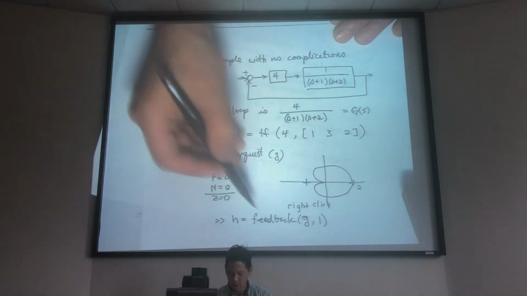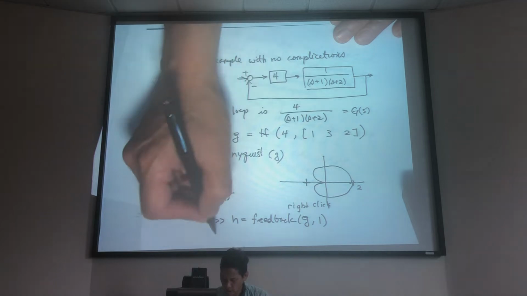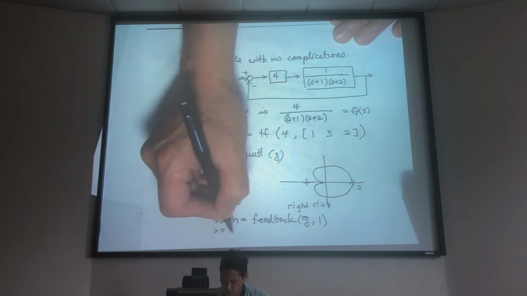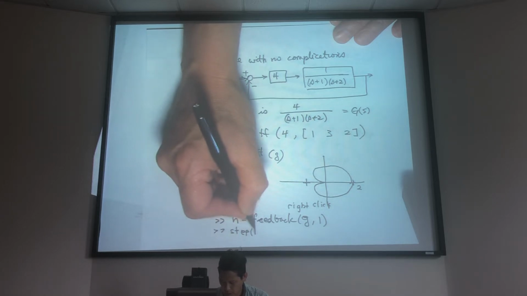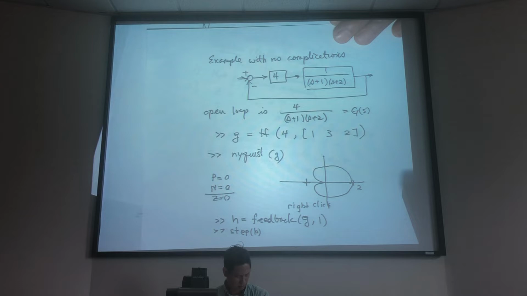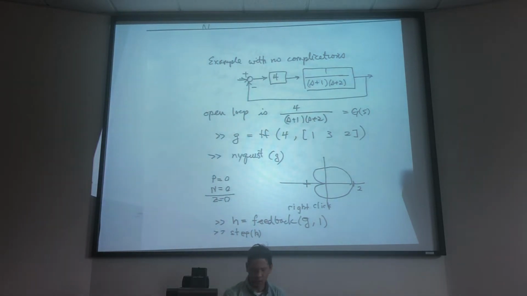So we'll calculate it. And then let's do a step of H. Let's let the computer simulate that for us, and it should show a stable, bounded response. So it's a very straightforward example.